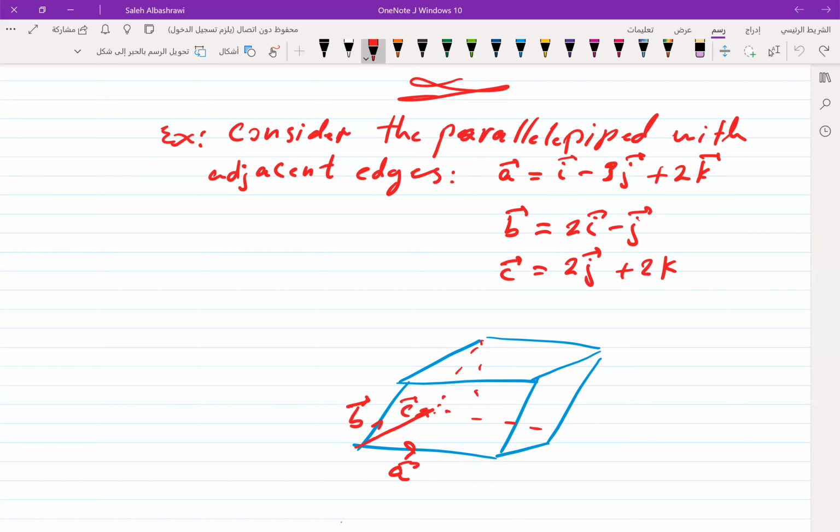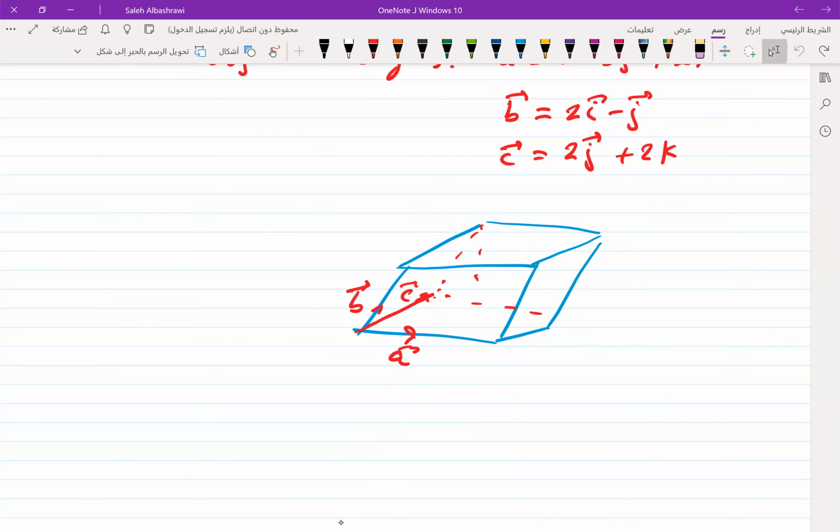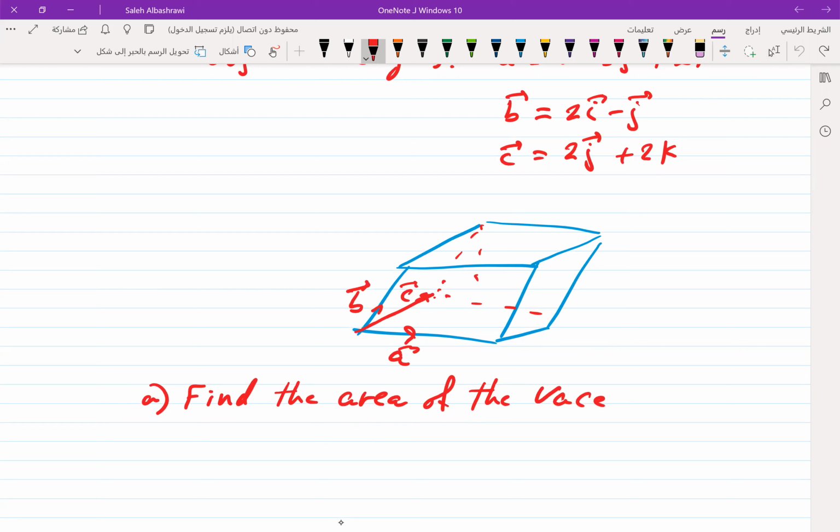And we need to find the area of the face given by B and C. So I need to find the area that is given by B and C. It is this one.